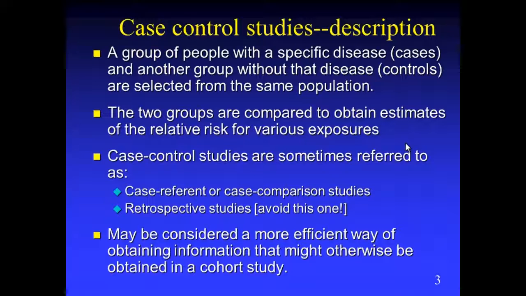Both groups are selected from the same population. It's very important to keep in your head that they're always selected from the same population. Then we compare the two groups and get estimates of the relative risk, which are the odds ratio. Case control studies are sometimes referred to as case reference studies or case comparison studies. Both of those are basically case control studies.